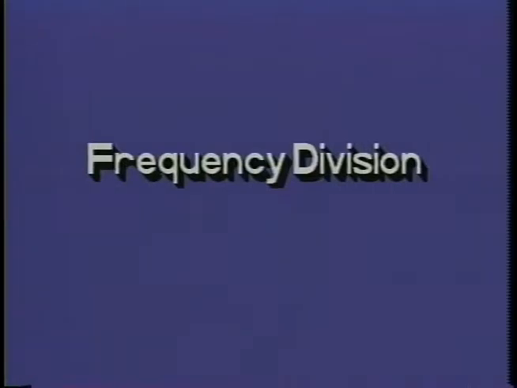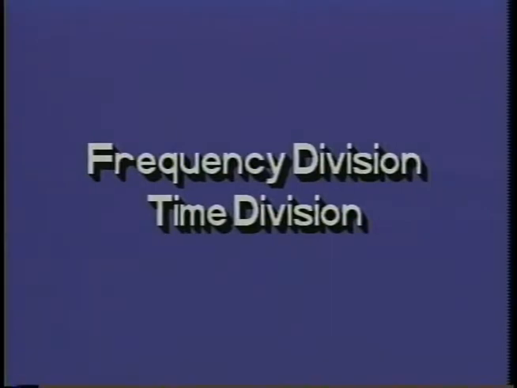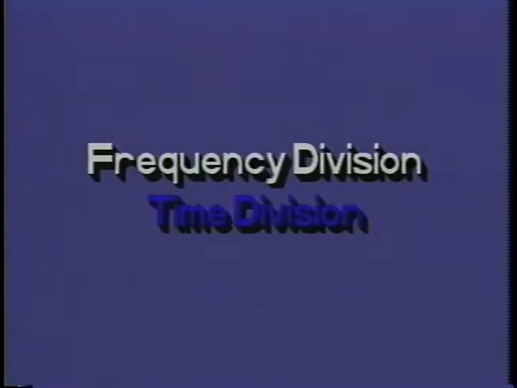There are essentially two types of multiplexing. They are frequency division multiplexing and time division multiplexing. First, frequency division multiplexing. As you know, digital information must be converted to analog information to be transmitted over telephone lines.